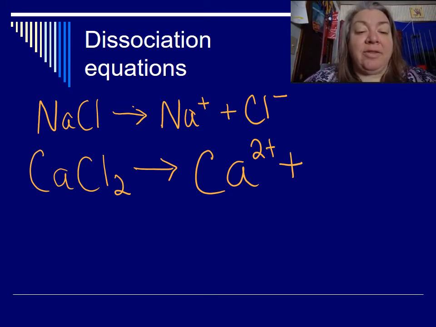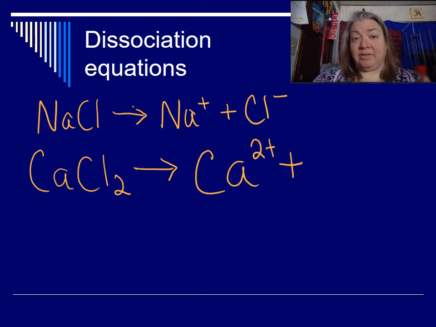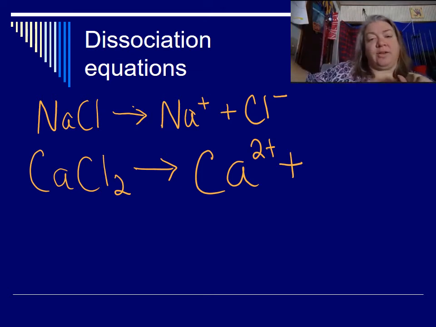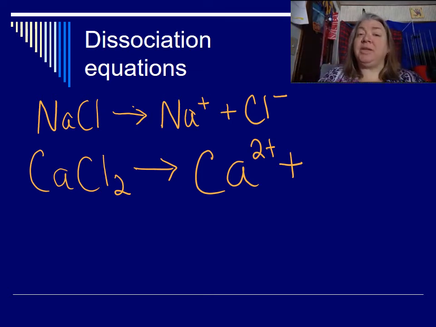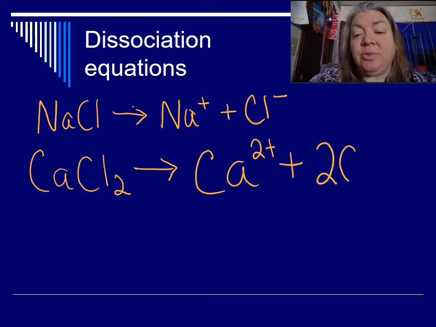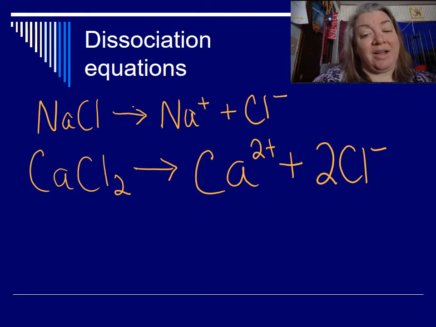Now, it turns out that these chlorides get a negative charge. So they don't want to be together. They actually want to split from one another. So calcium goes in one spot, one chloride goes over here, the other chloride goes over here. Now, to show that, we put a big 2 out front. We have 2 individual chloride ions.